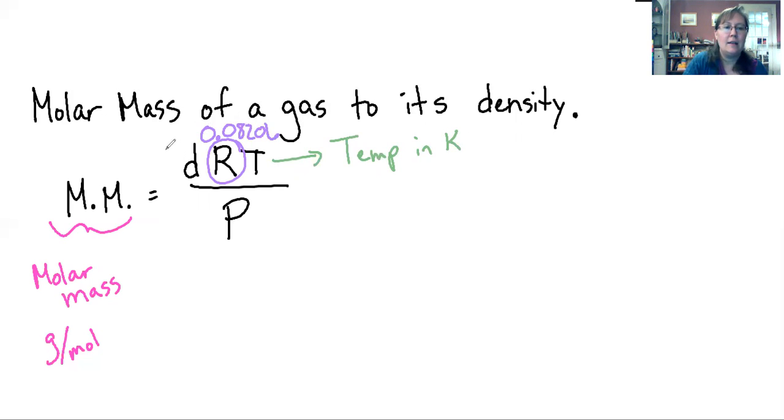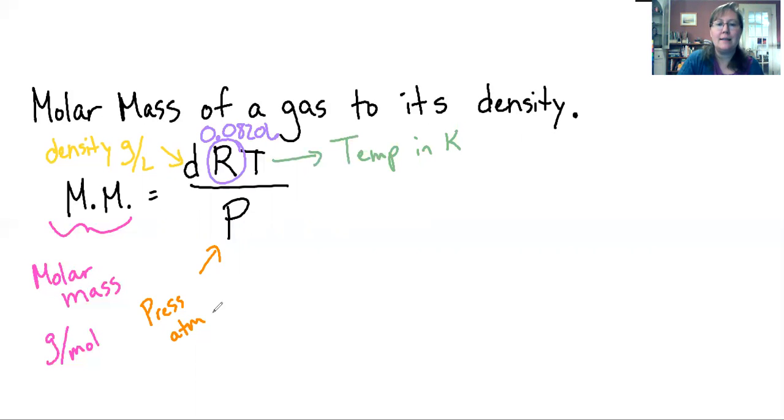And D is our density in grams per liter. And last but not least, P is our pressure in atmospheres, like usual. So now we can ask any question for any molar mass.